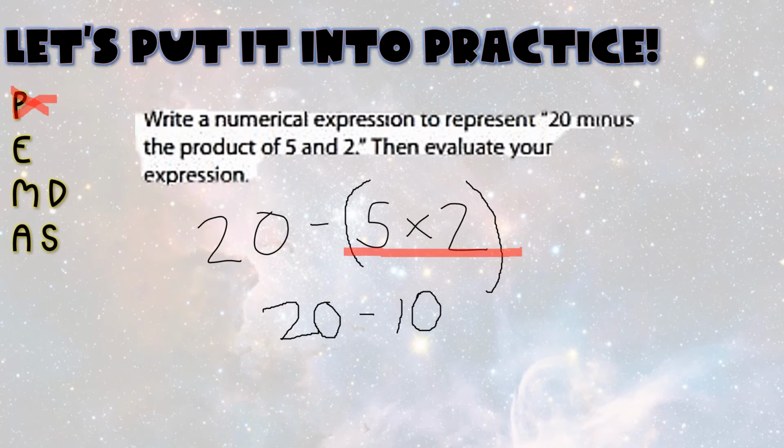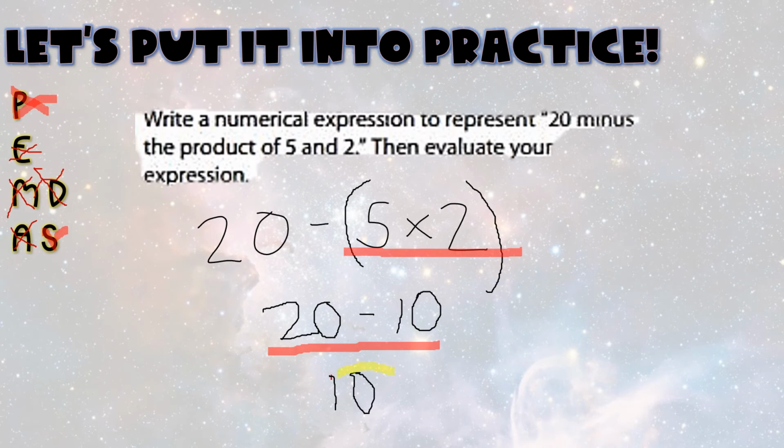So now I don't see any exponents. I already did multiplication, but that was inside my parentheses. I don't see any division. I don't see any adding, but I do see some subtracting. So I'm going to go ahead and do that. So 20 minus 10, and my answer to that is 10.